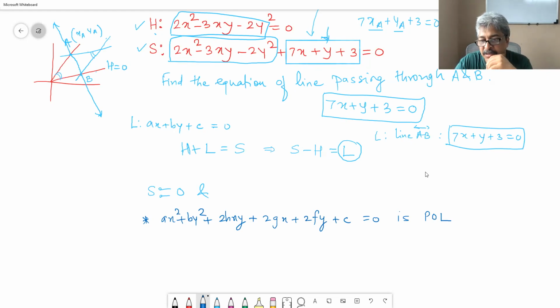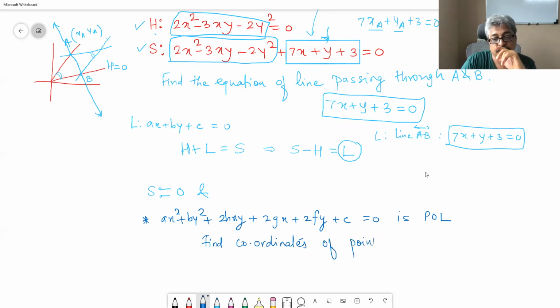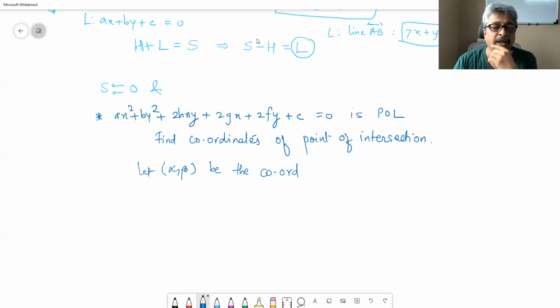So if it is a POL, find the coordinates of the point of intersection. This is important. Let alpha comma beta be the coordinates of the point of intersection.